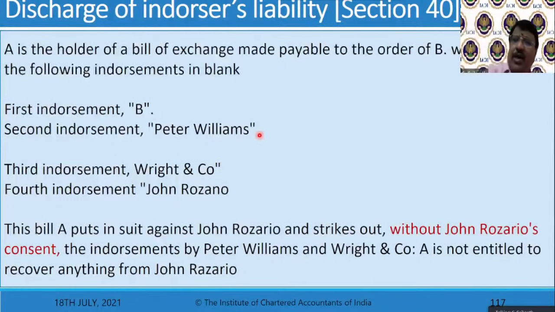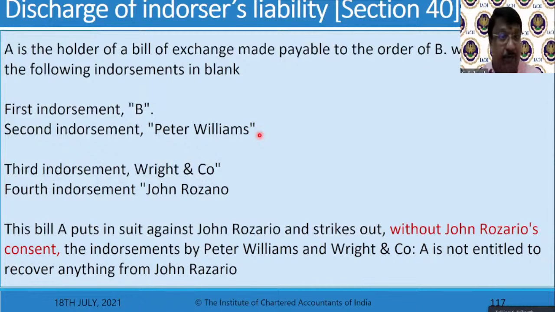So A is not entitled to recover anything from John Rosario. The only place he can go is B, the drawer, because the acceptor has not paid. All these fellows are discharged in a way.